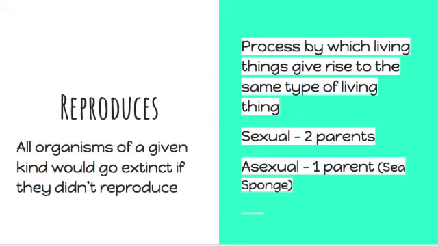They reproduce. All organisms, if we didn't reproduce, then different species would go extinct, okay? We go extinct for other reasons, which we'll get to later in the year. But if organisms were not able to reproduce, then they would go extinct. There are 2 types of reproduction.